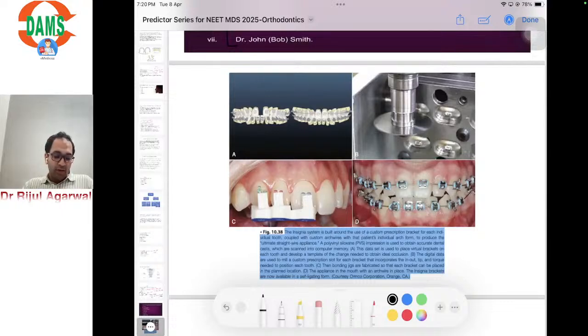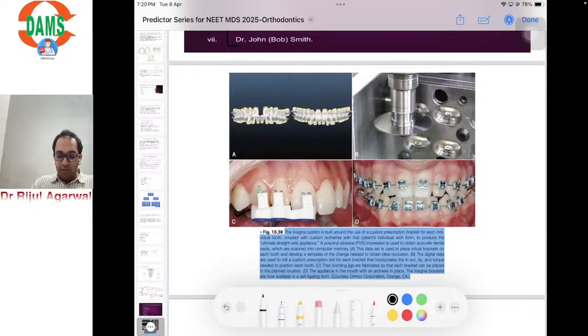What does the customization do? They take a CBCT scan of the patient, and based on that they give you a fully prescribed bracket system for each and every tooth. And using indirect bonding, with bonding jigs, these brackets are bonded.